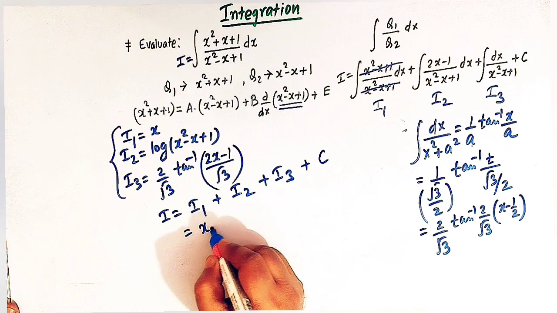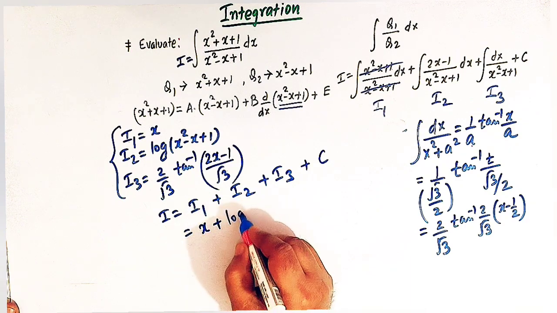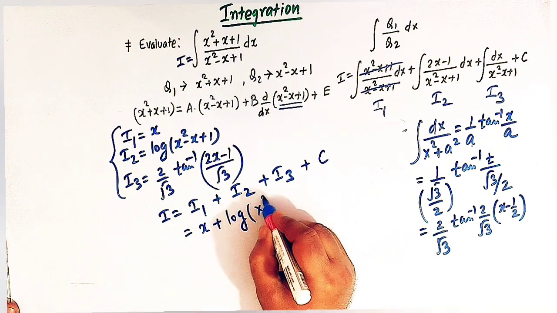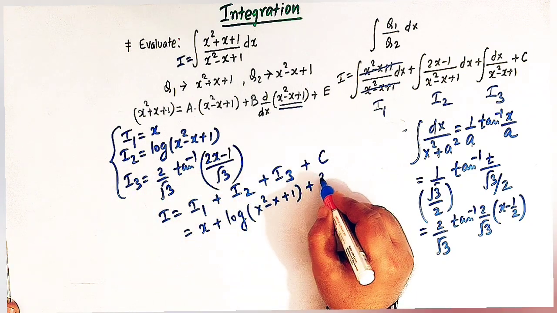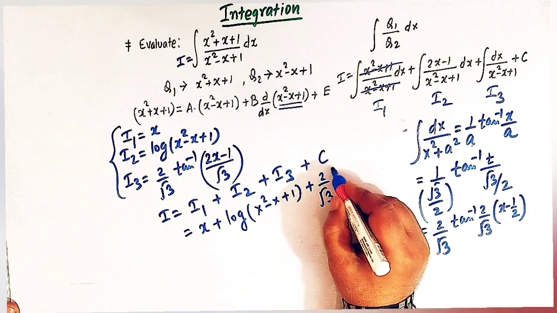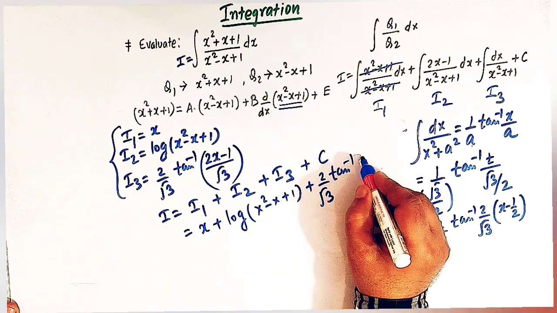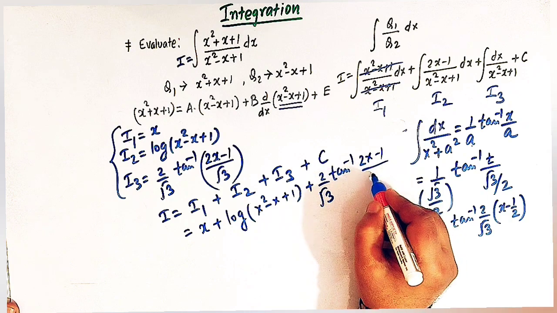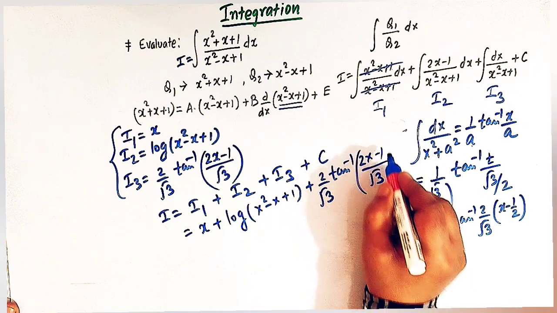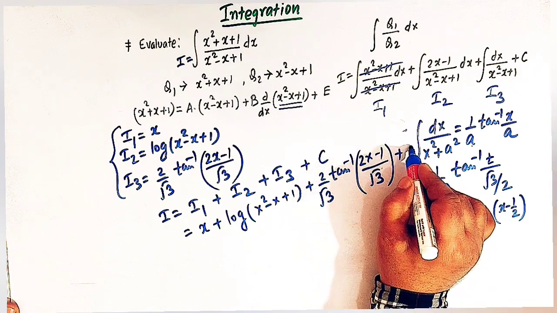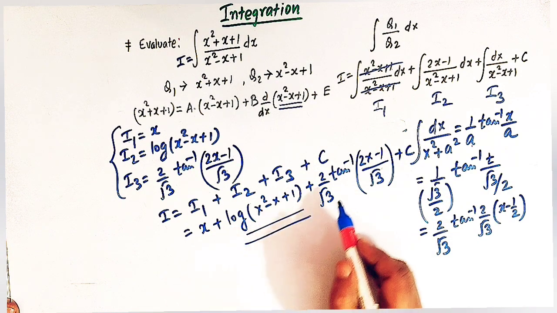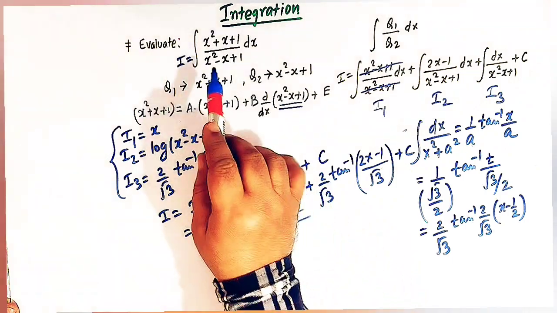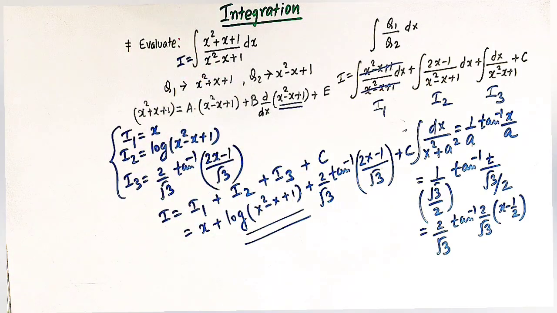So I1 is simply x, I2 is log of x square minus x plus 1, and I3 is 2 over square root of 3 tan inverse of 2x minus 1 over square root of 3, plus c, right? So this is the required expression for this indefinite integral.